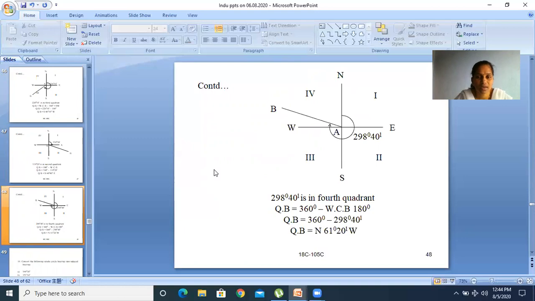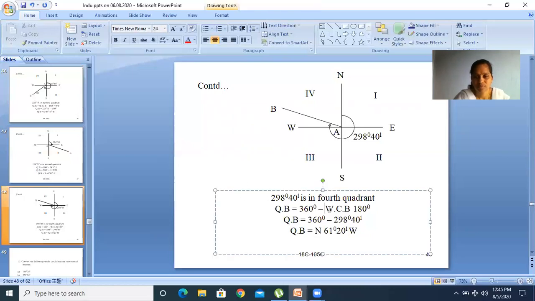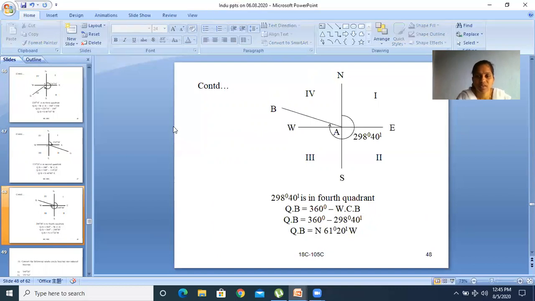The quadrants are northwest, and the rule is 360 minus WCB: 360 minus 298 degrees 40 minutes. So that is the value.